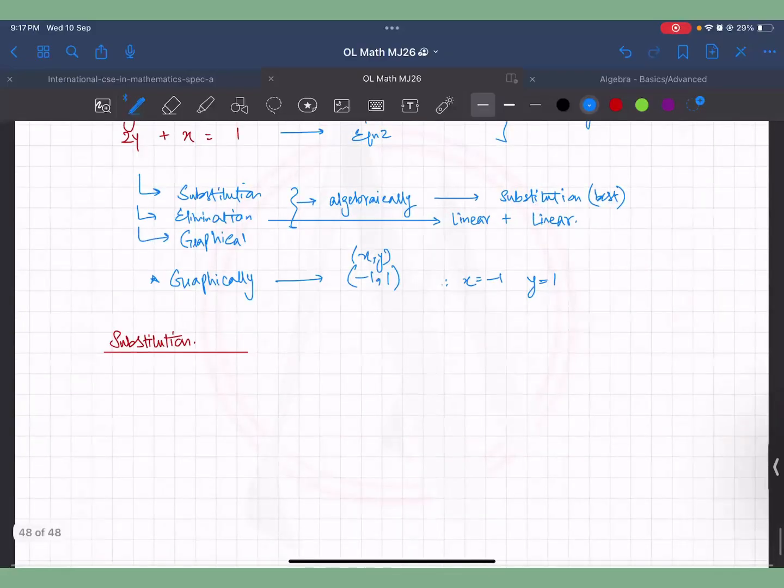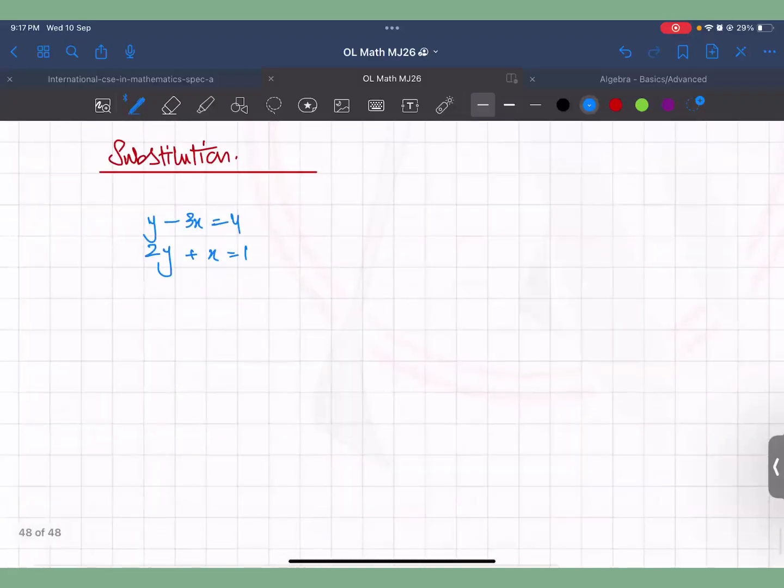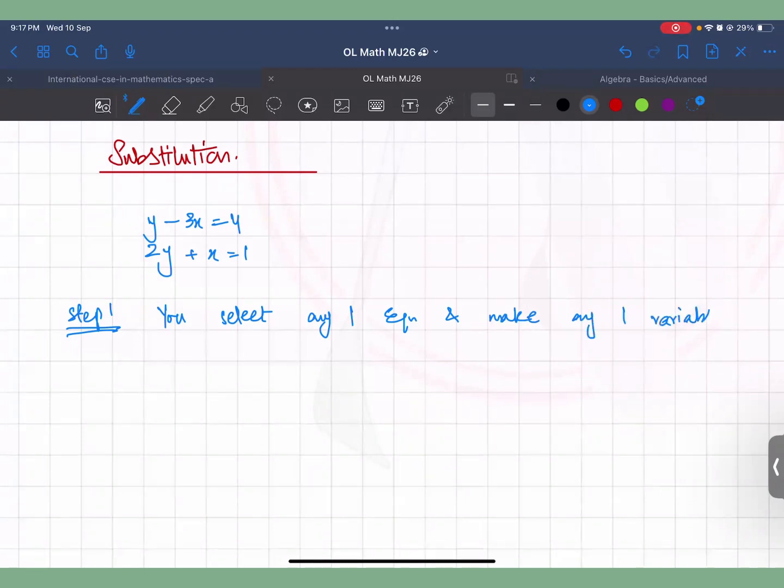So you have the two equations, y minus 3x is equal to 4 and 2y plus x is equal to 1. The first step is you select any one equation and make any one variable the subject. What does making it the subject mean?